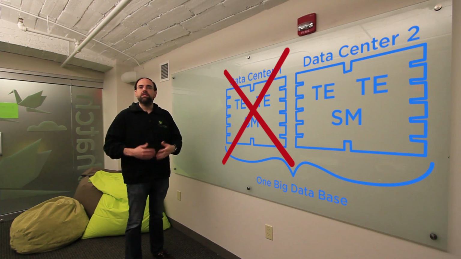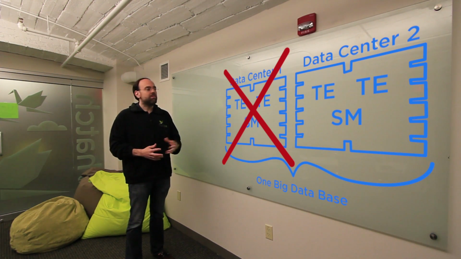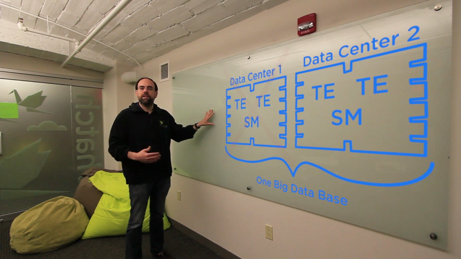Obviously, you're running with less transactional throughput, because now you've lost some of your hosts, but your database is still available to you. And in a lot of cases, that's what's most important, right? And then eventually, when your data center comes back online, you get access to those resources again.